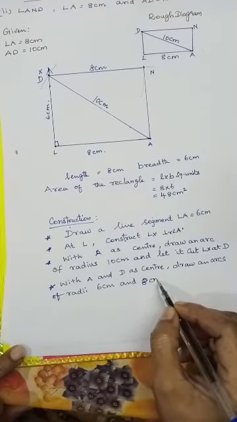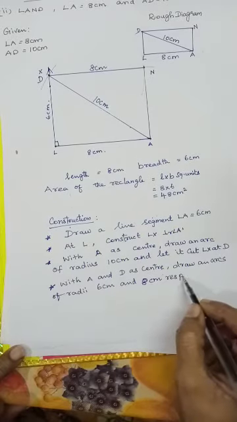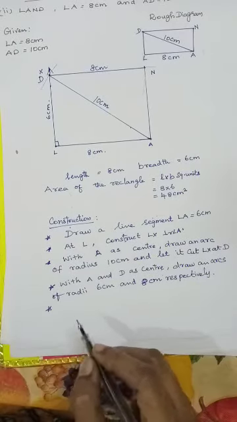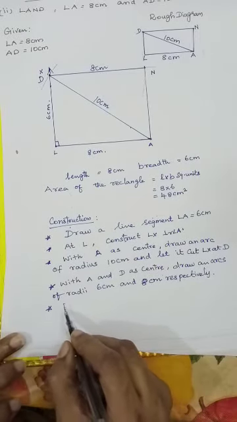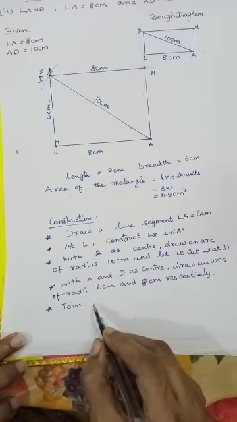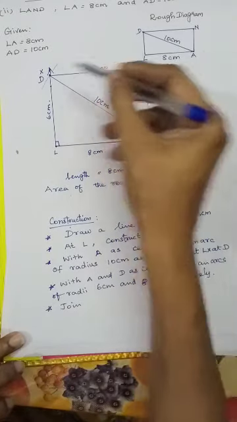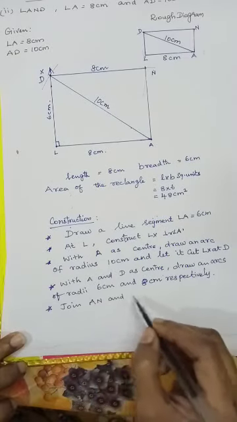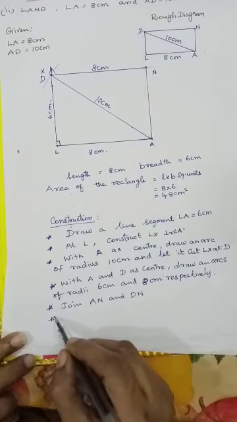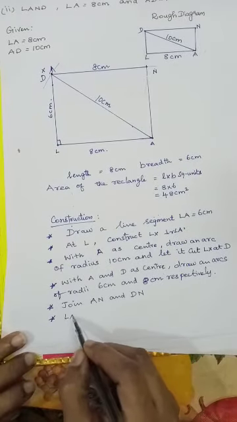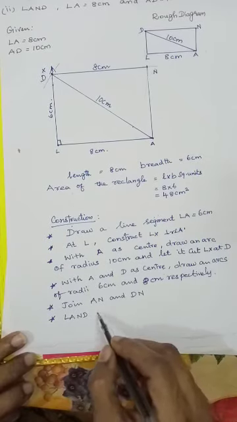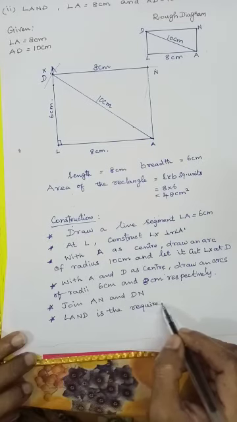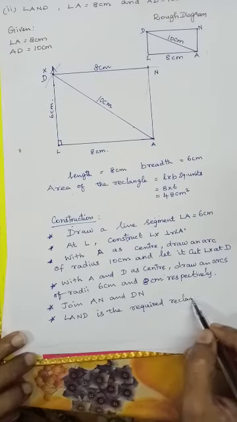D as center we have drawn 8 centimeter respectively. Okay. Fifth point is join. We have to join, isn't it? Join AN and DN. The last point is LAND is the required rectangle.